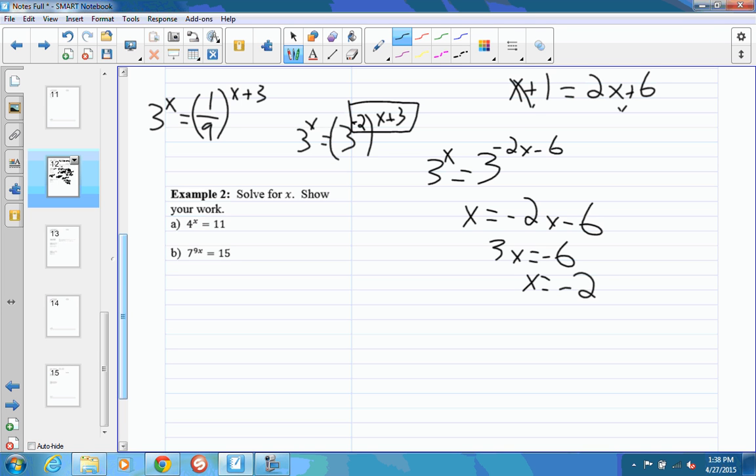I mean, you at least need to show me how you changed your 1/9. So you at least need to show me your new base, and then you need to show me your distributing, and then I'm okay if you skipped from that to here. But there's a lot of work you actually have to show me on this.